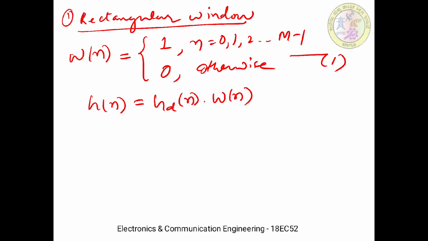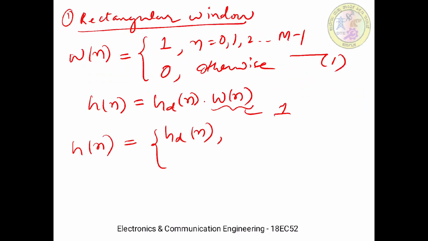According to the definition in equation 1, the window function is equal to 1 for all n from 0 up to M minus 1. When you substitute W of n as 1 in this range, the resulting product sequence h of n will be equal to HD of n only for n equal to 0, 1, 2 up to M minus 1, and it will be 0 otherwise. This is our equation 2.